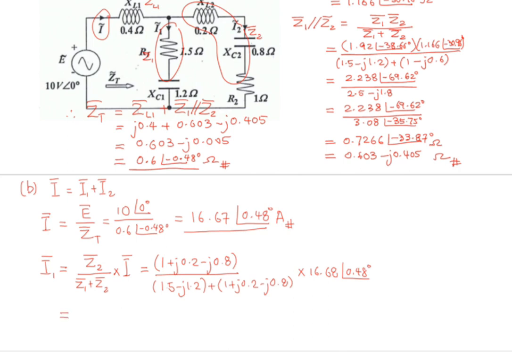Since I need to divide, I have to convert them to the polar version, which is 1.17 at the angle of minus 30.96 degrees over 3.08 at the angle of minus 35.75 from our earlier calculation, multiplied by 16.67 angle 0.48 degrees.